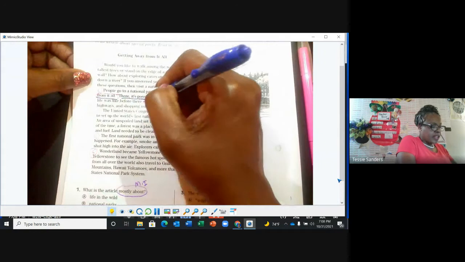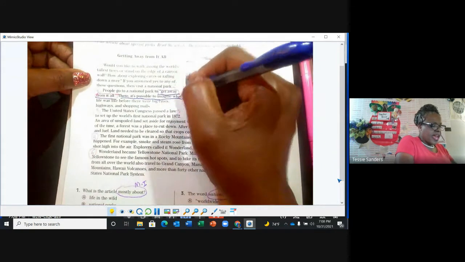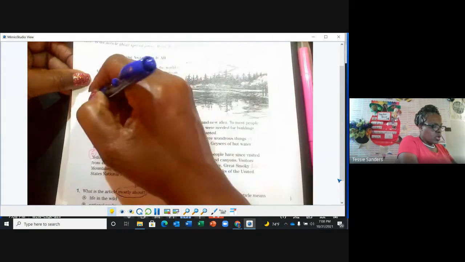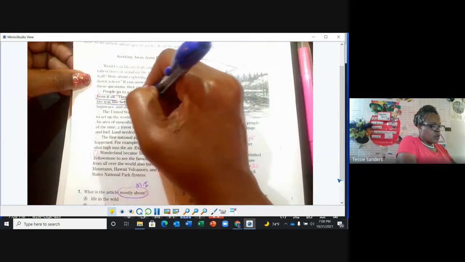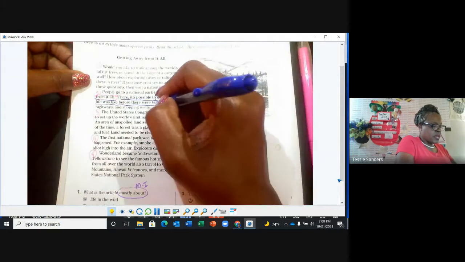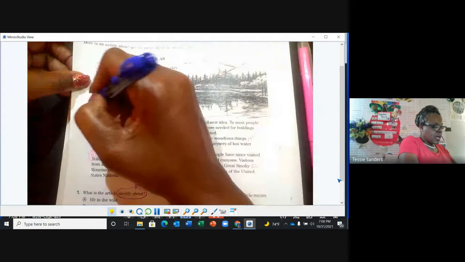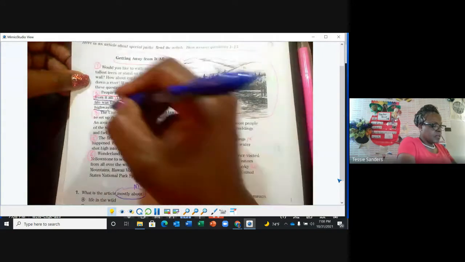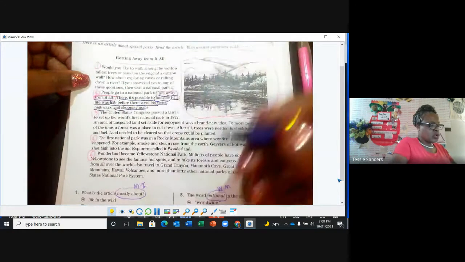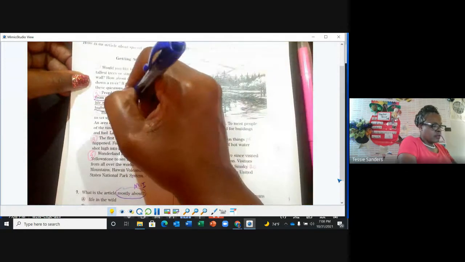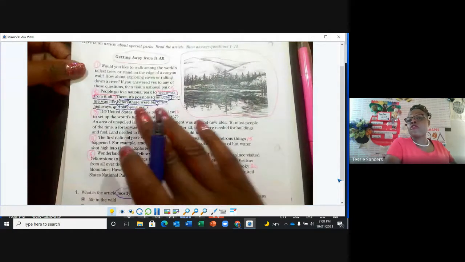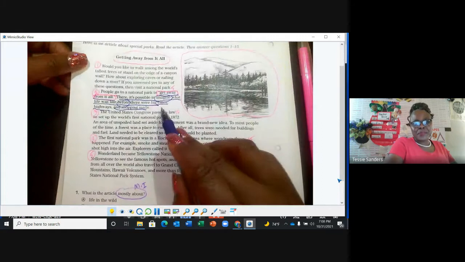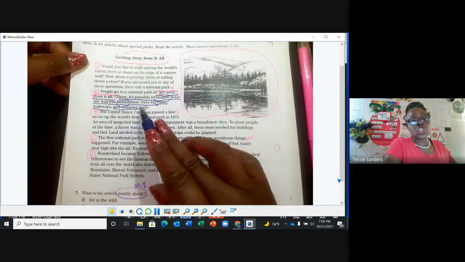There, it's possible to imagine, circle imagine, what life was like before there were big cities, highways, and shopping malls. Circle that sequence word. Before there were what? Big cities, highways, and shopping malls.